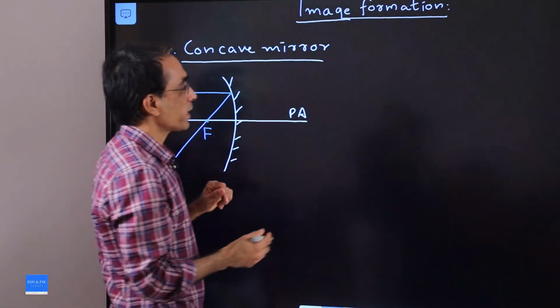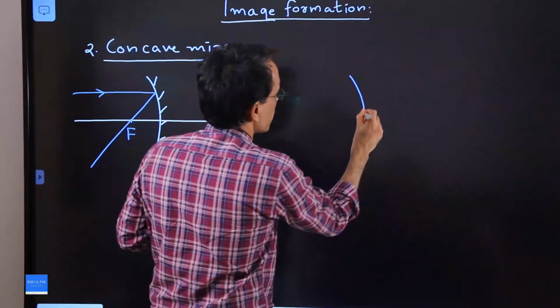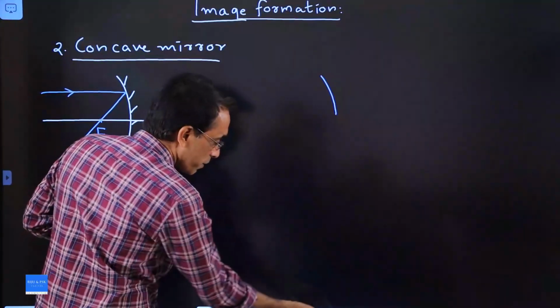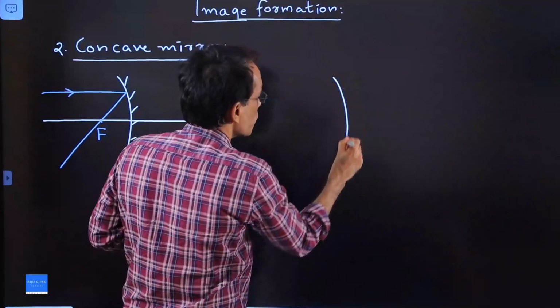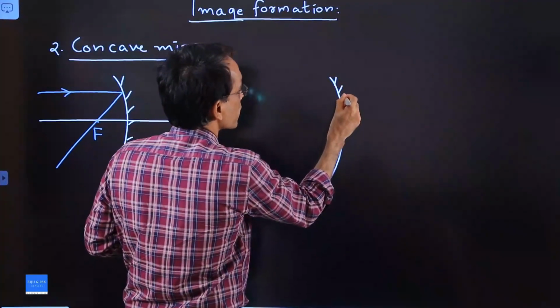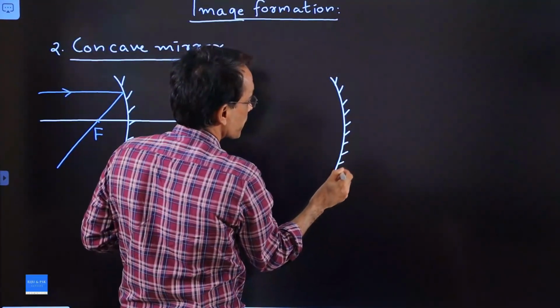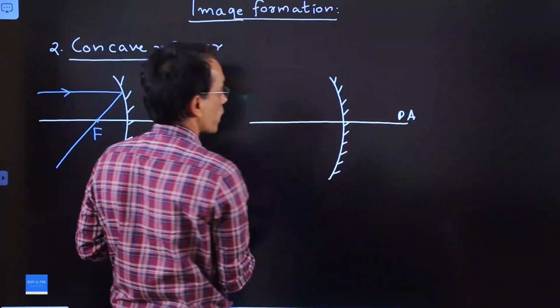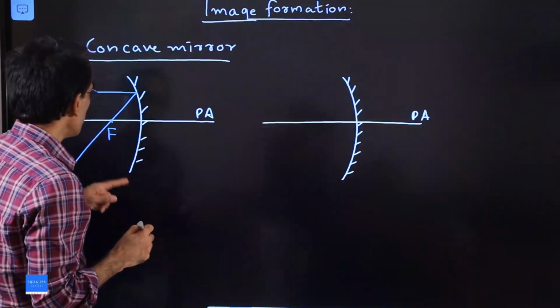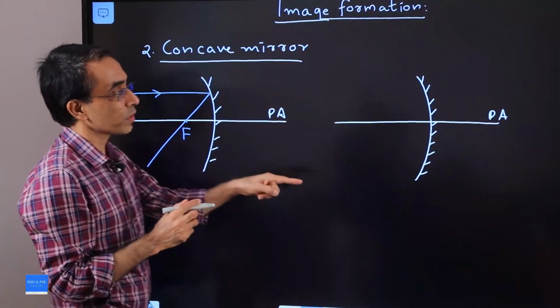Fine. In the second diagram, you have the concave mirror, you have the principal axis. What will happen if the light ray passes through the focus?